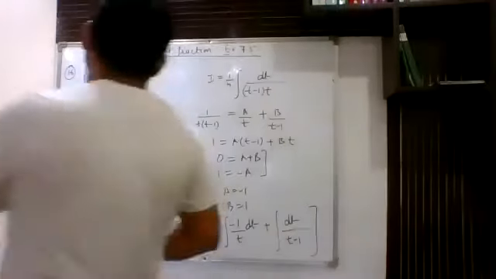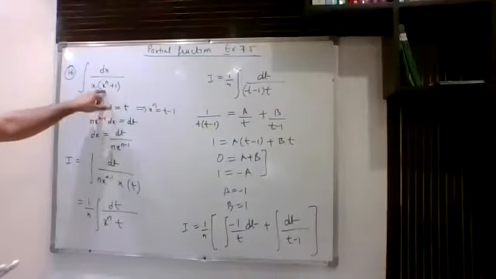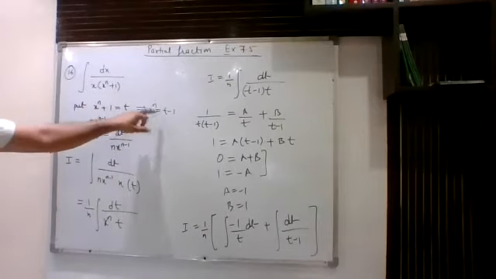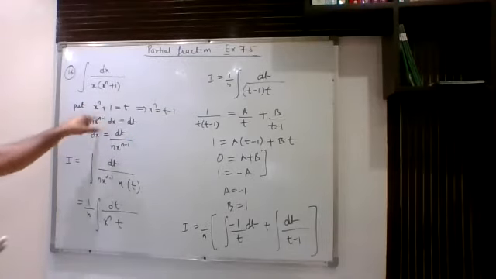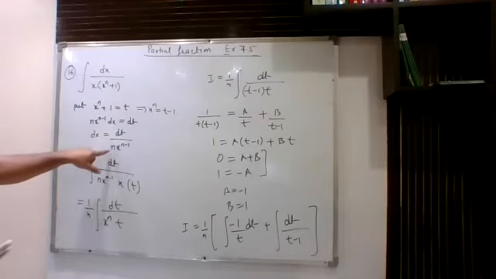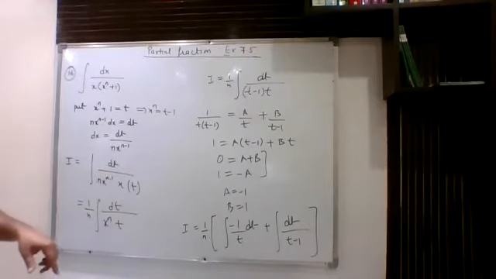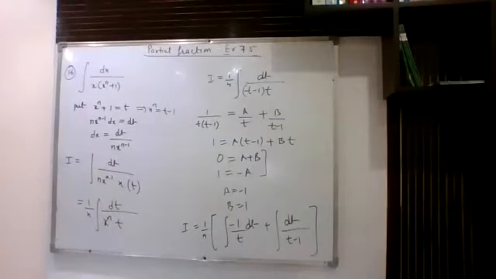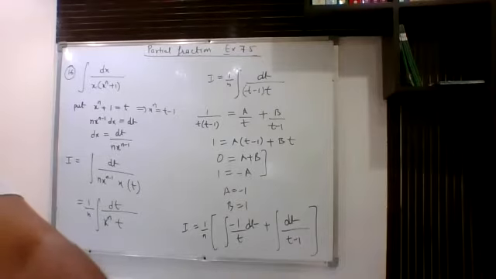So the main part is this thing, like we are substituting x to power n plus 1 as t. So from here x to power n can be written as t minus 1. I had differentiated, so dx is coming out to be dt upon n x to power n minus 1. After that we are converting the question to t form.